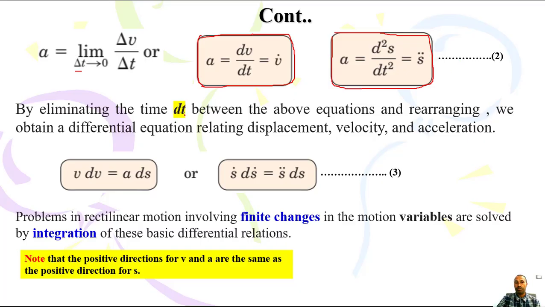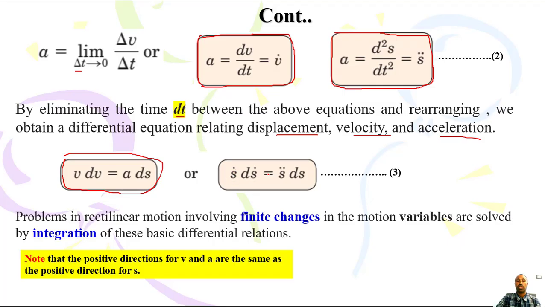By eliminating the time delta t in both equations, after rearranging, you will obtain the differential equation relating the displacement, velocity, and acceleration, which is v dv equals a ds. Or you can substitute v as s dot, or just ds by dt, which is this one.